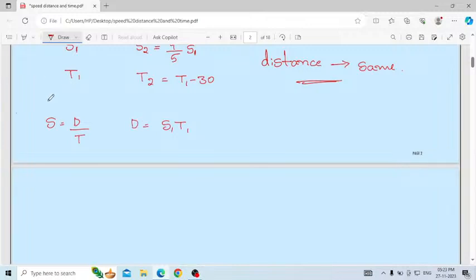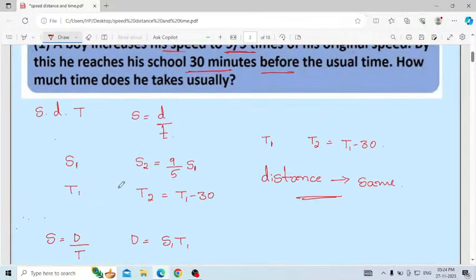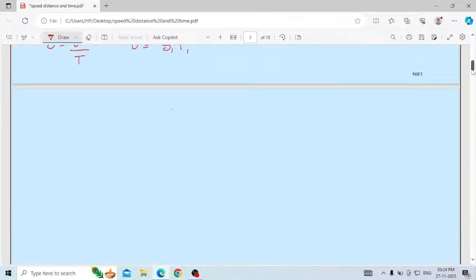They have given in the question that the distance will be the same, so for both cases you can equate the distance. Then S1 T1 is equal to S2 T2.